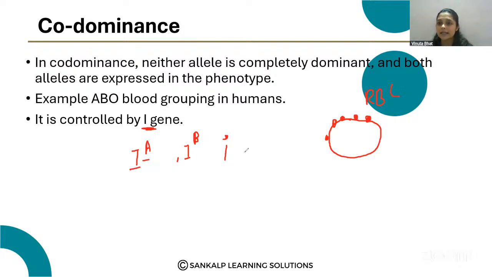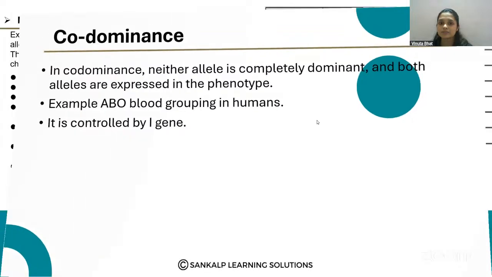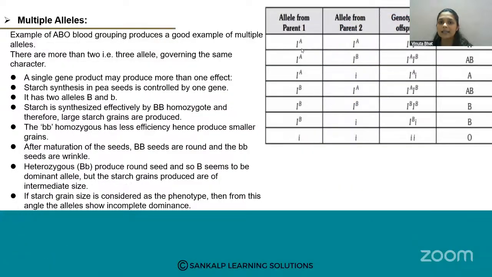Okay, ಇಲ್ಲಿ ನೋಡಿ, now if the parent is having the allele IA, ಹಾಗೆ IA allele is there.